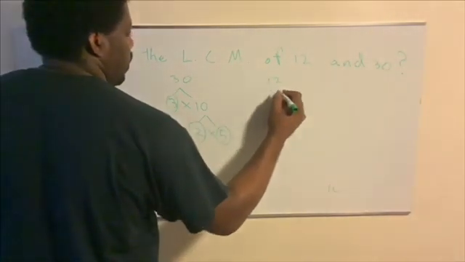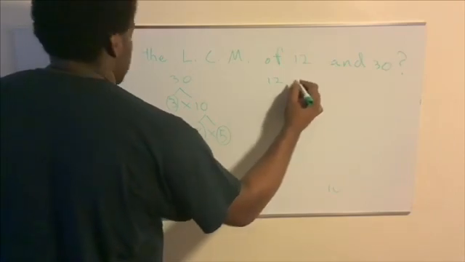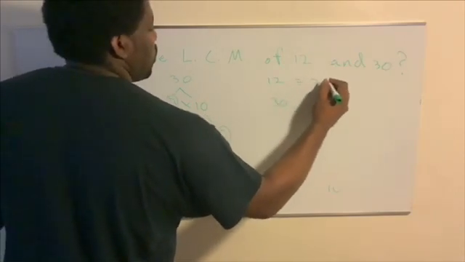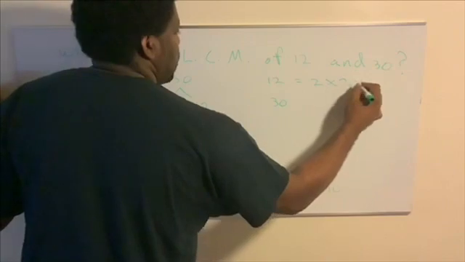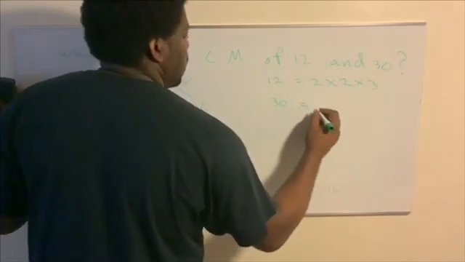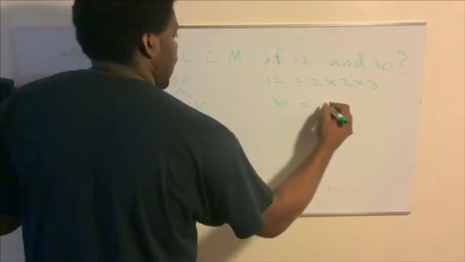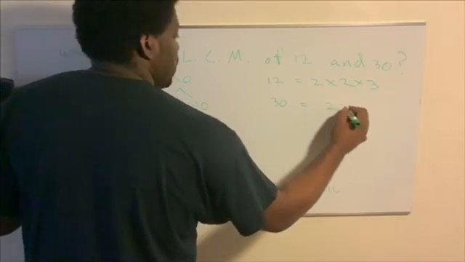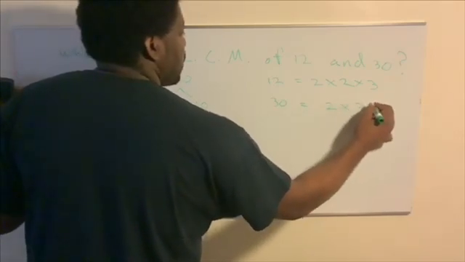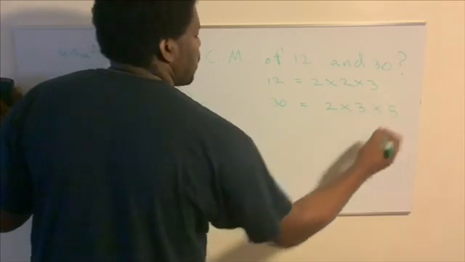So 12 is 2 times 2 times 3, and 30 is 2 times 3 times 5.